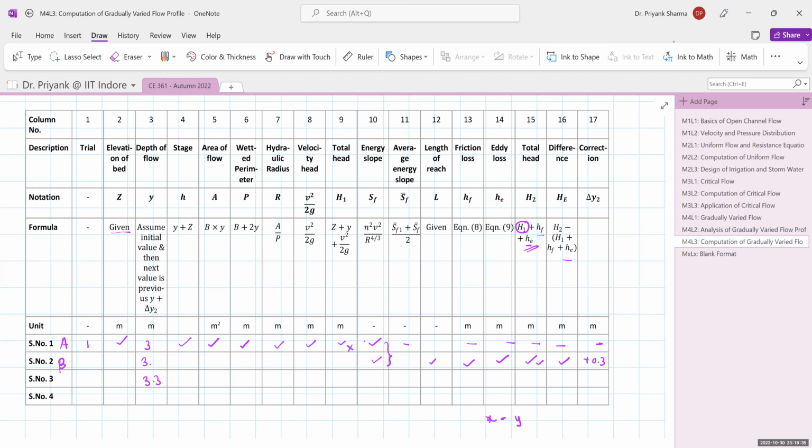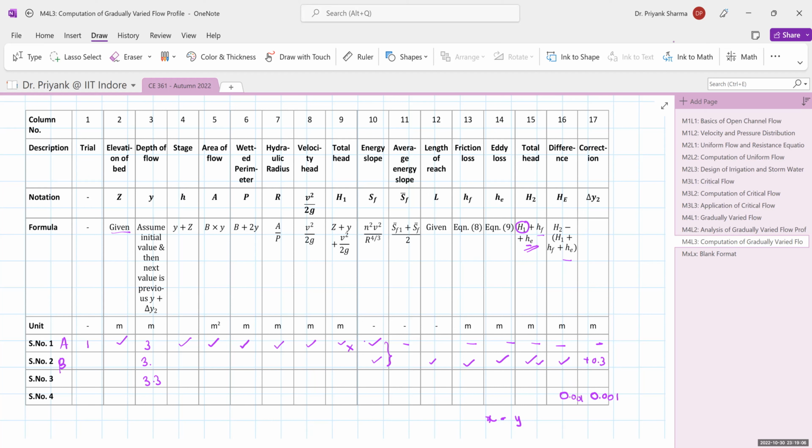So at a time, the time will come where your HE becomes very close to 0 and your delta y2 is also very close to 0. It can be 0.001 and 0.001. So that means your solution converges and your assumed value and the computed value become the same, and thus you reach a point where your solution converges, and thus the length of profile can be estimated.